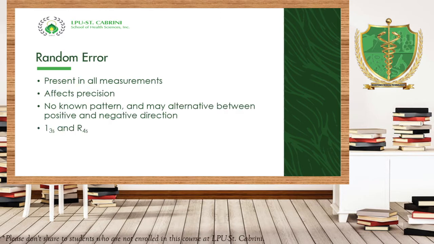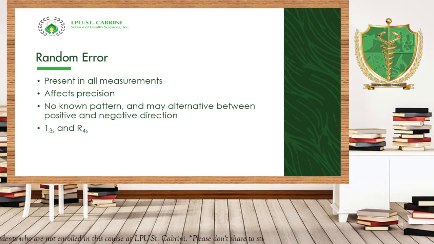So random error is present in all measurements, and random error affects precision. Take note that there is no known pattern for random error. From the word itself, random, you do not know when it will occur. In our Westgard rules, 1,3S and R4S detect random error.